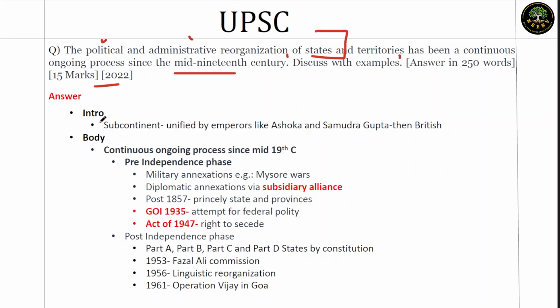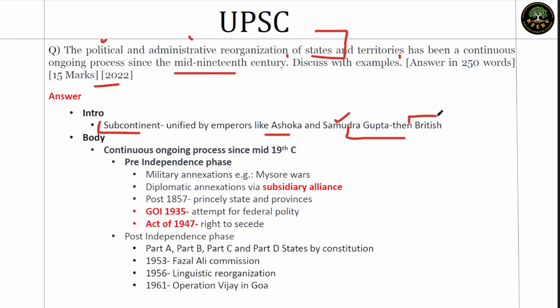So we'll start by saying that India has the size of a subcontinent. That is why unification becomes an important factor. It was first unified by Ashoka. Then we'll give the name of Samudragupta here because he is known as the Indian Napoleon, known for his unification. Then the British, because during the British time, the territories were either part of the provinces or under alliance.